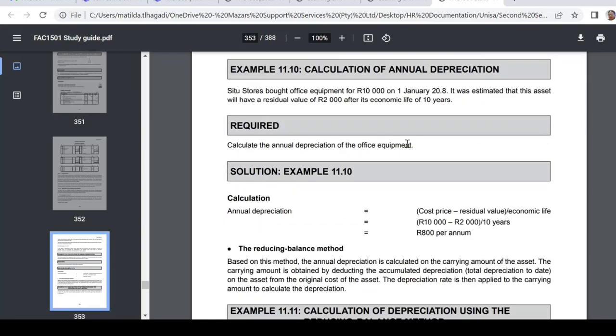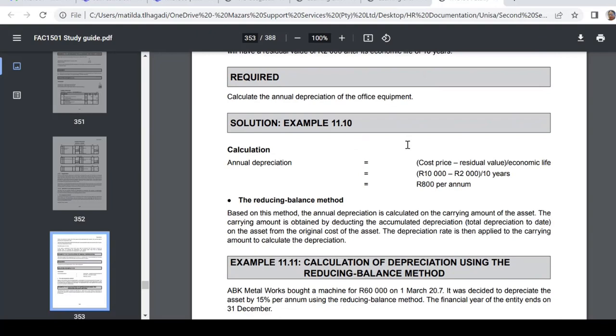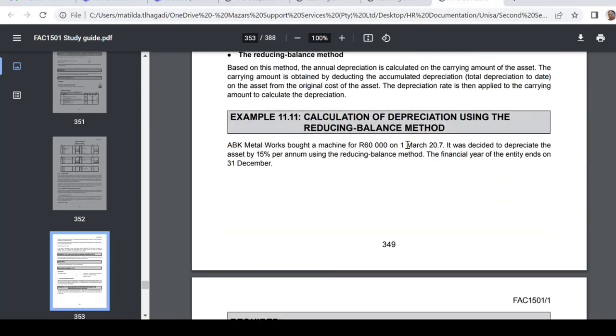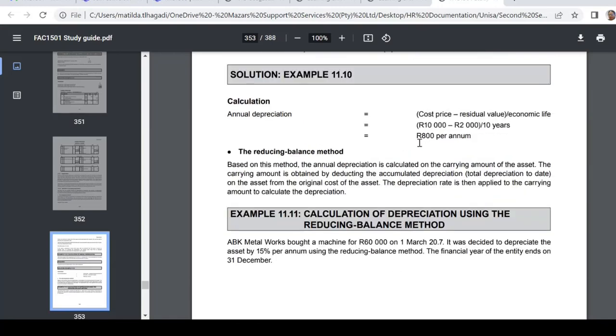Normally it isn't like that, it's just off the cost. So normally it's cost price times rate. It gets a little confusing because in 1502 they didn't talk about residual value on the straight line method.